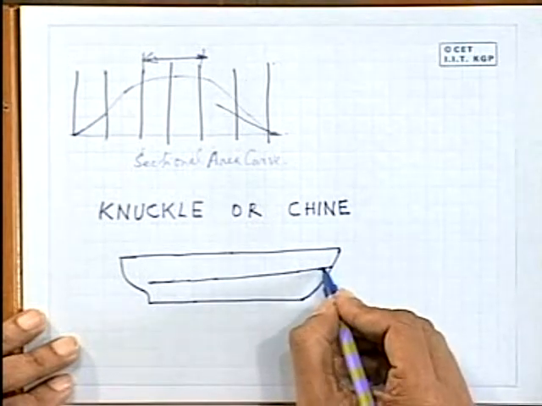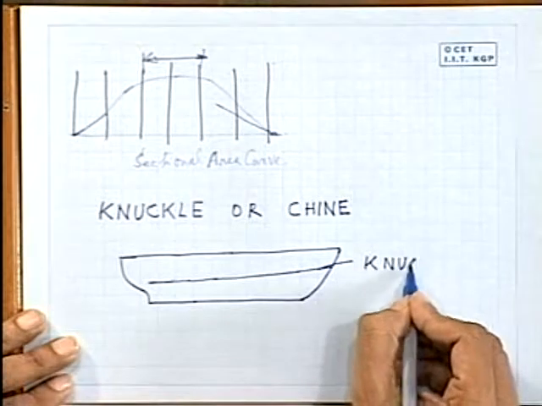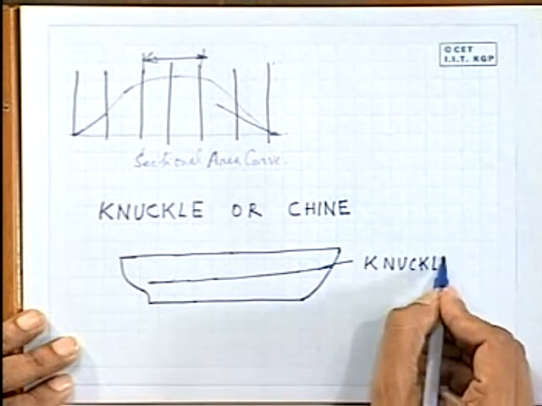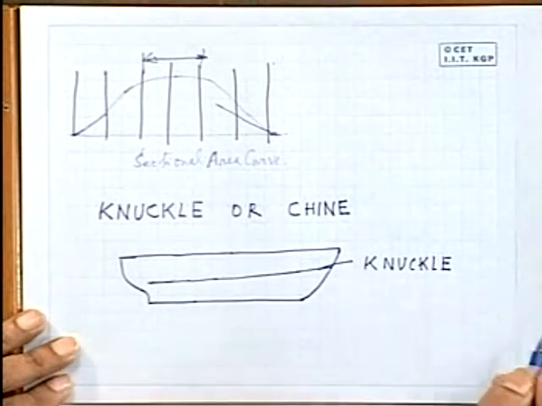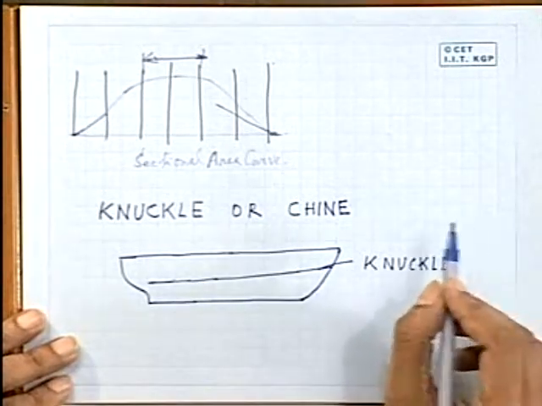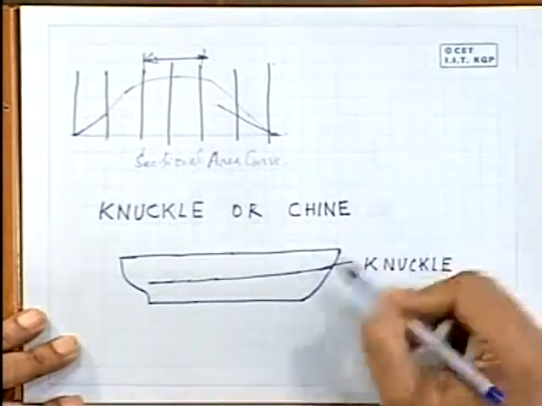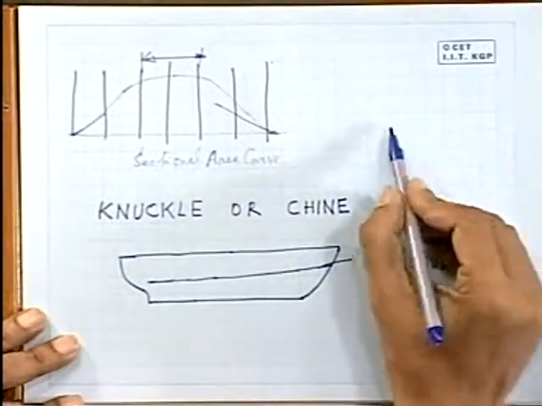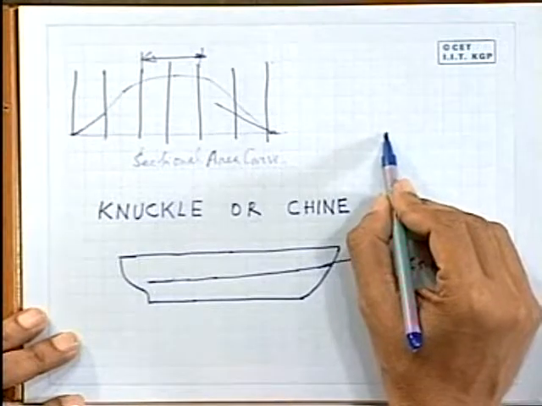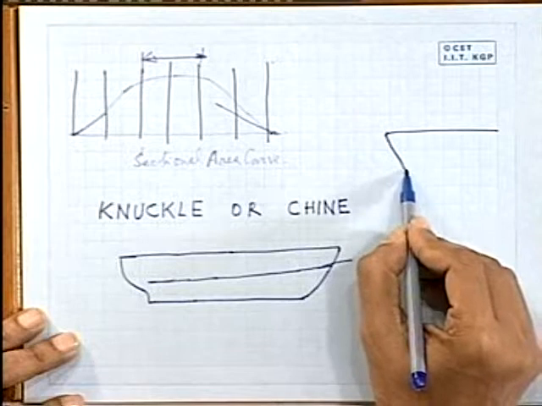This is a knuckle line. And in high-speed ships, of course, the hull form is different. You will find in high-speed ships, the hull form has this knuckle more pronounced, and it is called a chine. That chine is given with some other purpose in high-speed vessels.